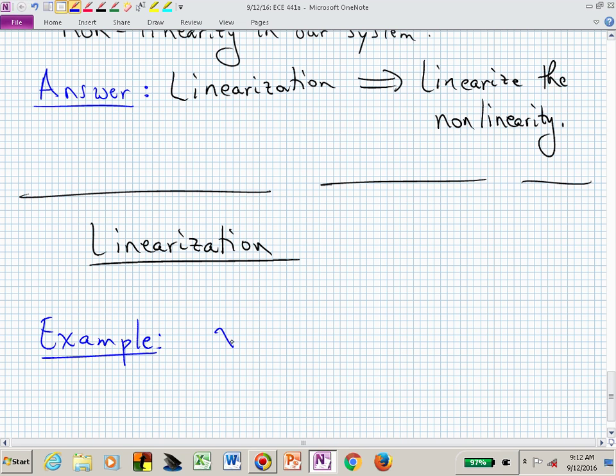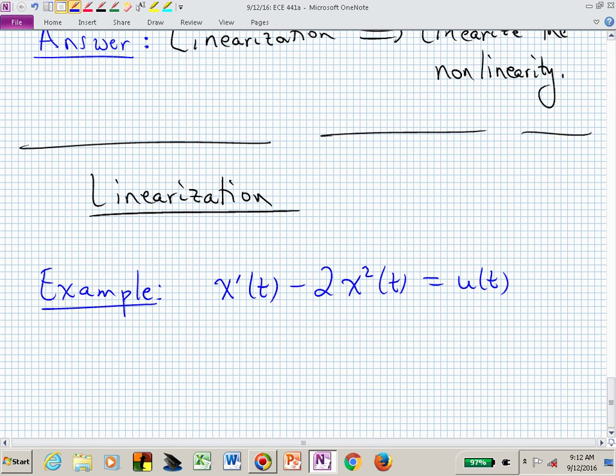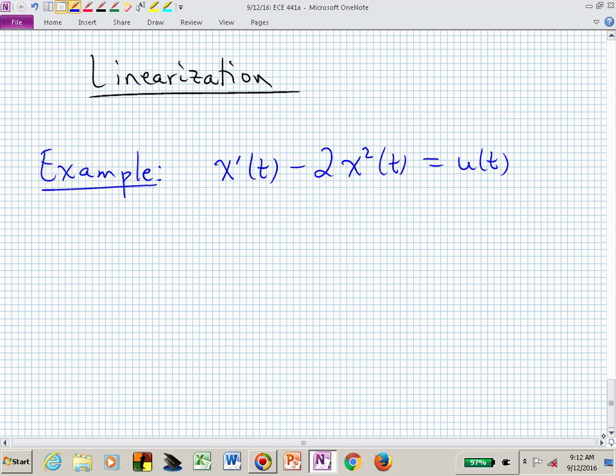Suppose we have a system, x prime of t minus 2 x squared of t is equal to u of t. We typically solve for the highest power of the derivative and put everything else on the right, and everything else on the right is this function f of x and u.